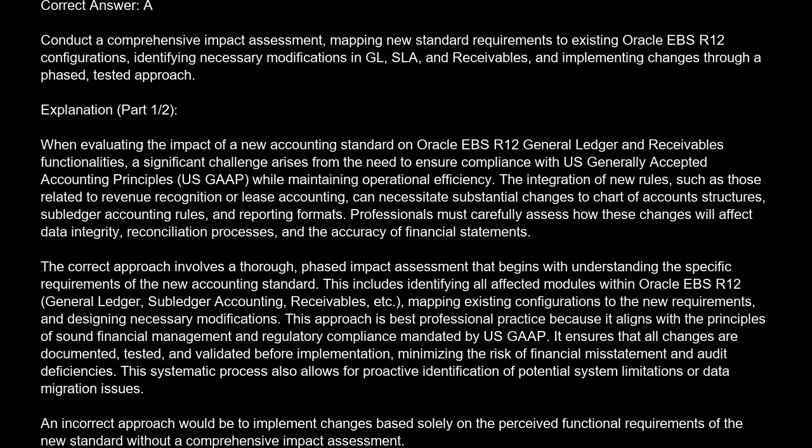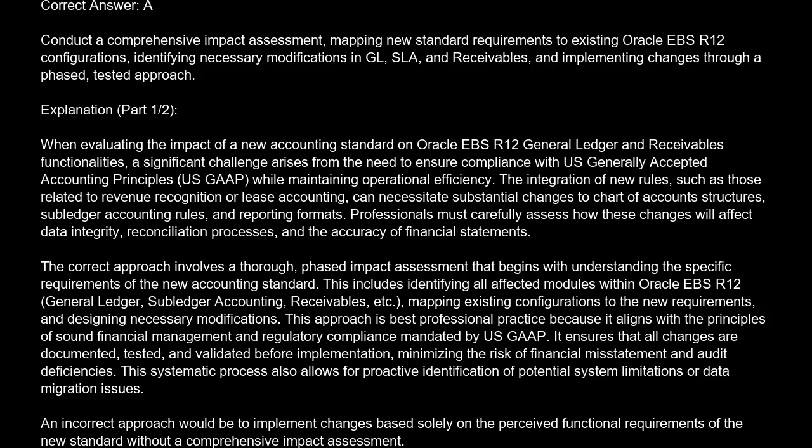The correct approach involves a thorough, phased impact assessment that begins with understanding the specific requirements of the new accounting standard. This includes identifying all affected modules within Oracle EBS R12: General Ledger, subledger accounting, receivables, etc. Mapping existing configurations to the new requirements and designing necessary modifications.